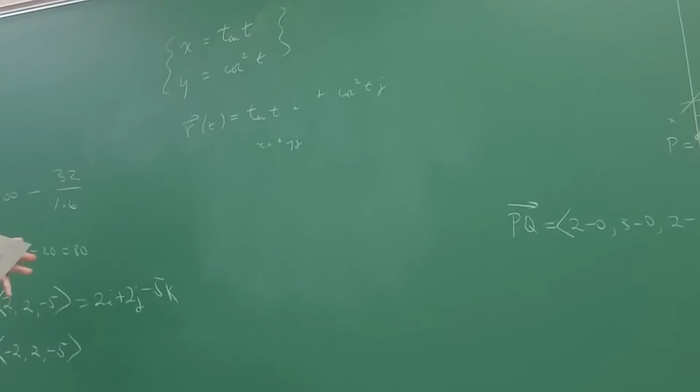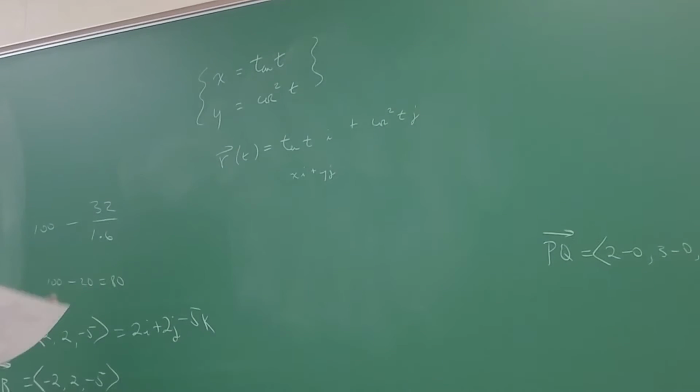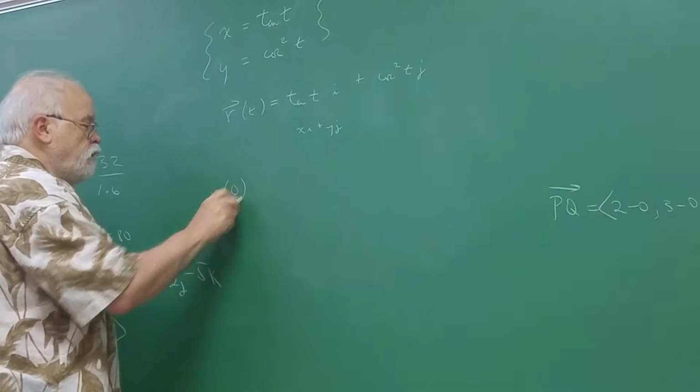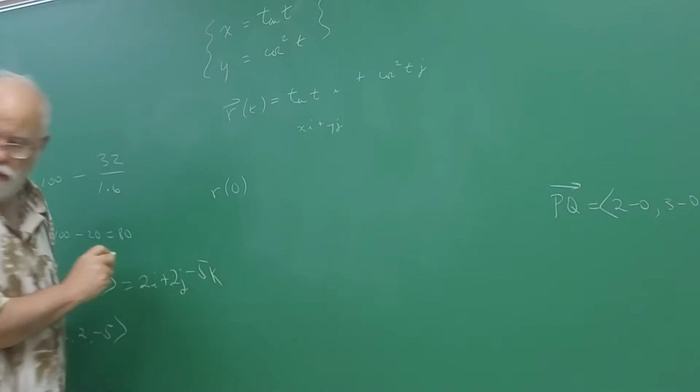What point, what x, y thing has a parameter value of 0? Well, for that, I just do r of 0. So this is r of 0.